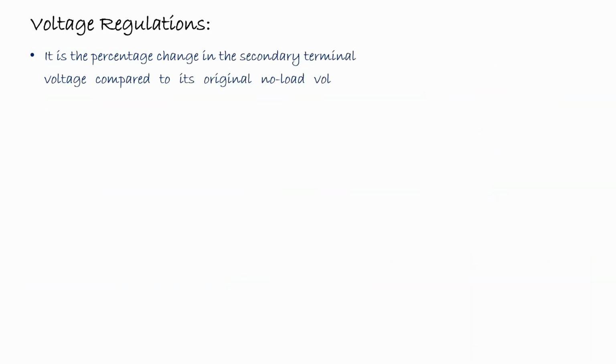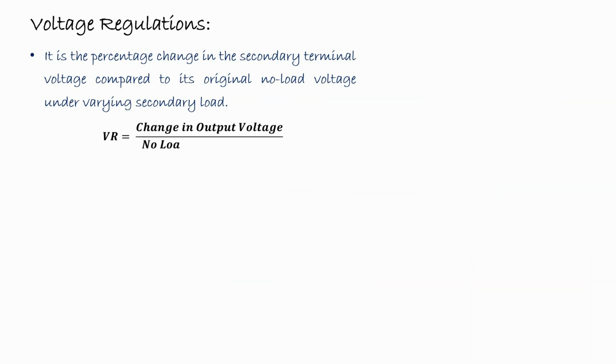The next topic is the voltage regulation. Voltage regulation is defined as the percentage change in the secondary terminal voltage compared to its original no load voltage under varying secondary load. So it can be written as change in output voltage upon the no load voltage.